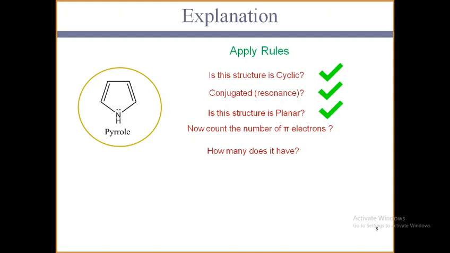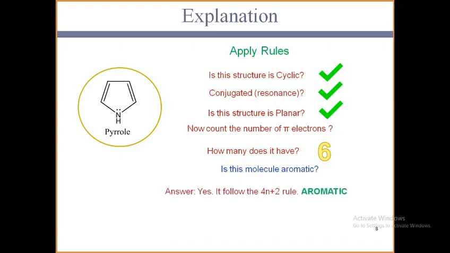Now you may have a question. Here we are counting this lone pair of electrons in the counting of the pi electrons, because this lone pair of electrons is involved in the delocalization. So that's why the total number of pi electrons is 6. So now apply the Huckel rules.